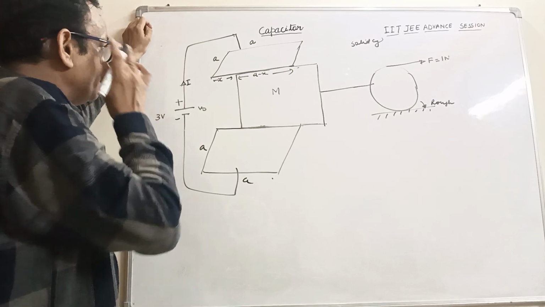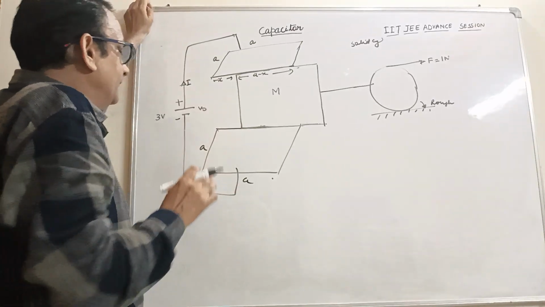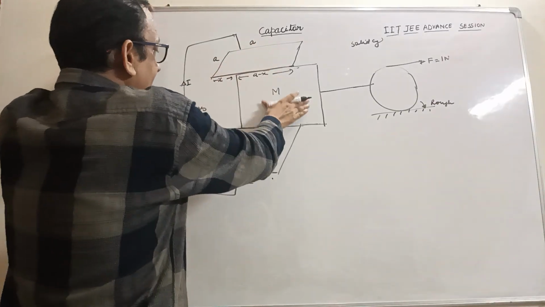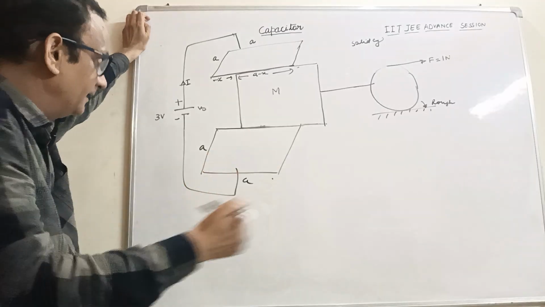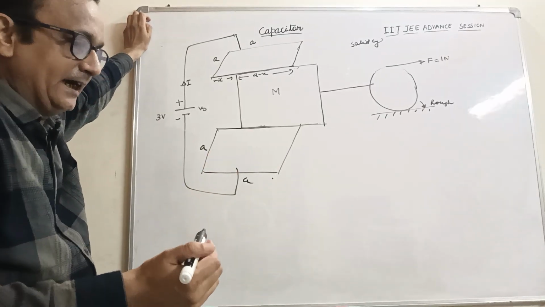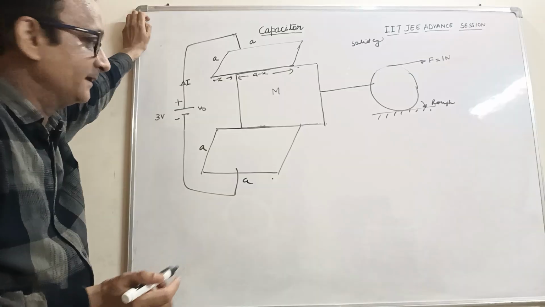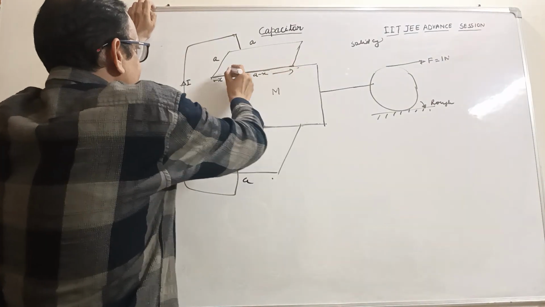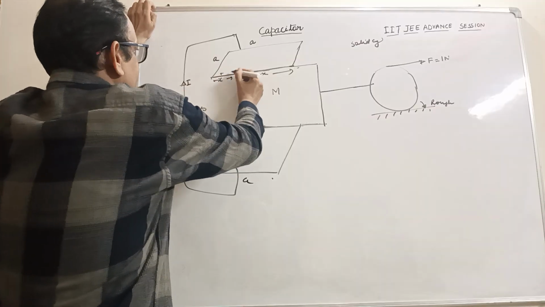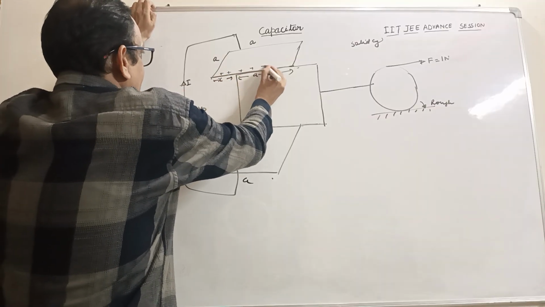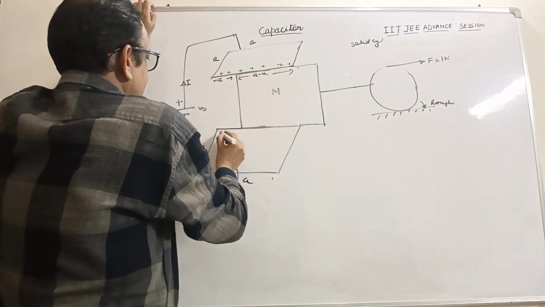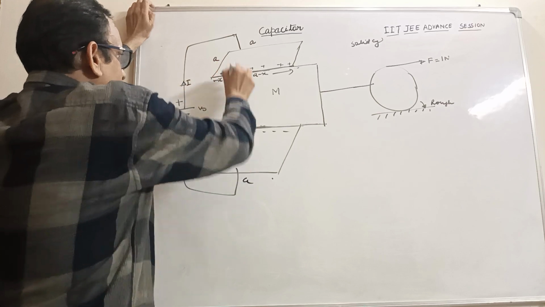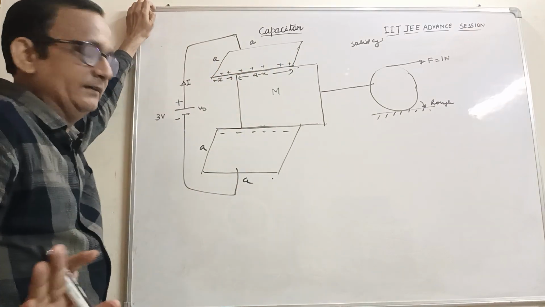So in this problem, this is the capacitor, and a dielectric is being inserted into it. Suppose this is the positive plate, so there is positive charge here on the plate and negative charge on the other plate. The electric field goes from positive to negative; this is the external electric field.